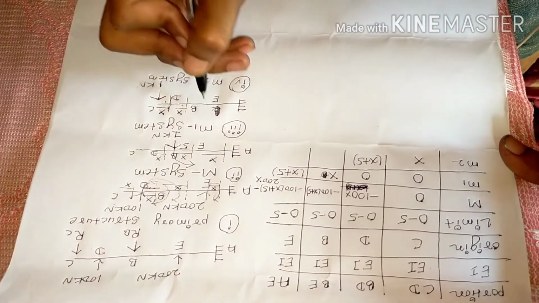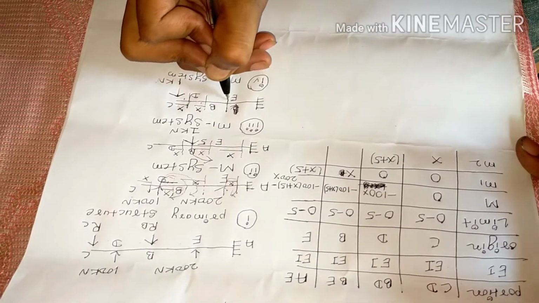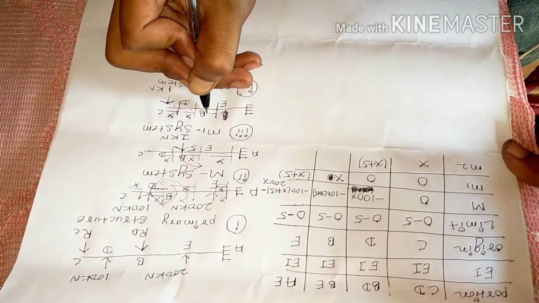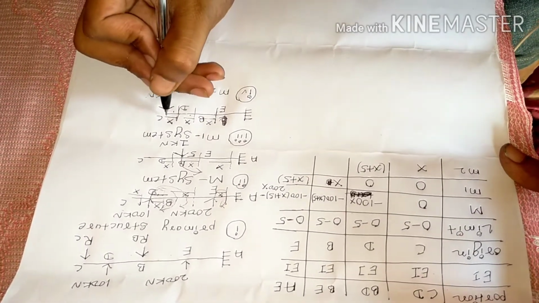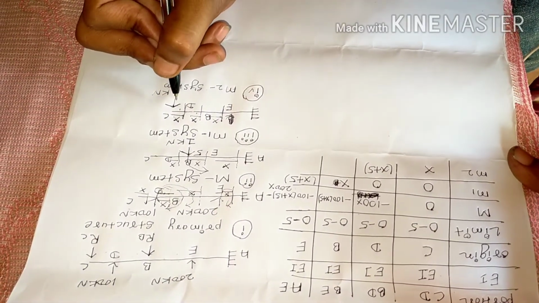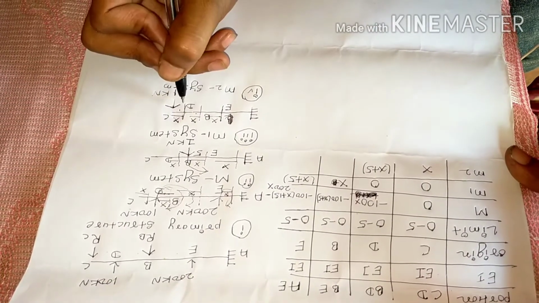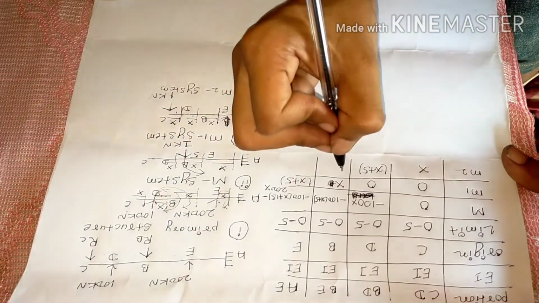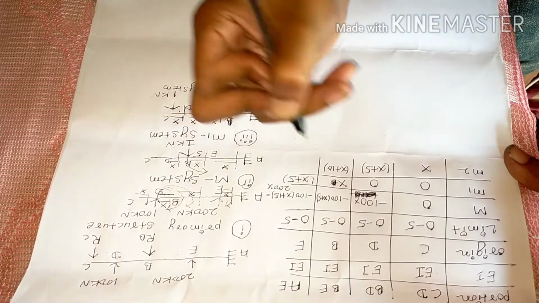Similarly in portion BE, let us take a section at a distance of x from B. So this 1 kilonewton force will rotate the section in anti-clockwise direction and the perpendicular distance is 5 plus 5 plus x, that is x plus 10.